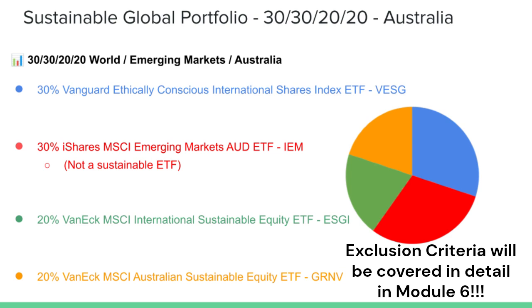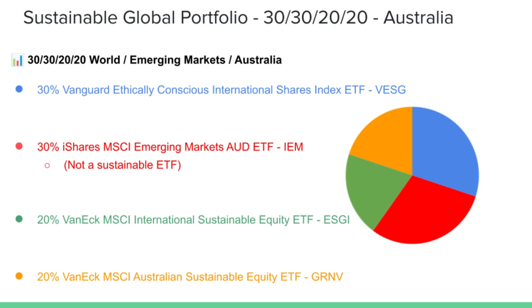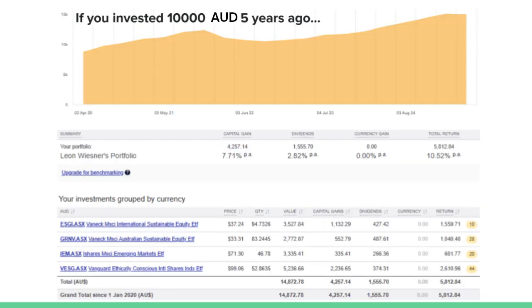So it excludes adult entertainment, alcohol, animal husbandry type of business, civilian firearms, conventional weapons, controversial weapons, fossil fuels, gambling, GMOs, nuclear power, nuclear weapons, tobacco, soft drinks as well. And then it also has this ESG rating from MSCI that it will consider to look at sustainability risks of that portfolio as well.